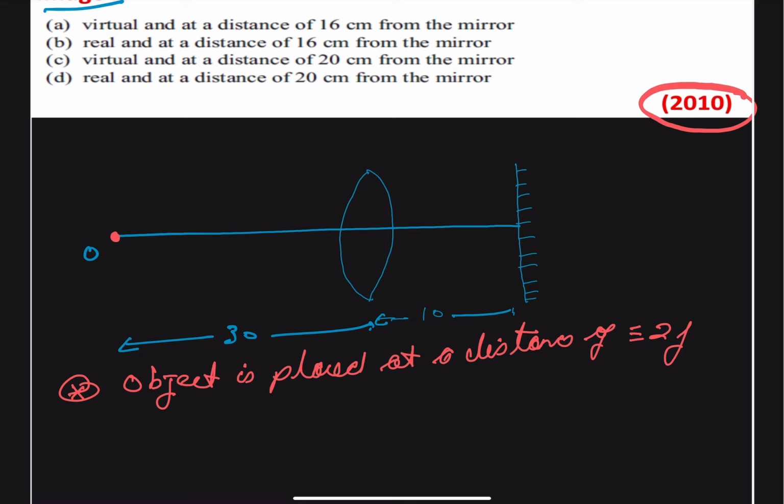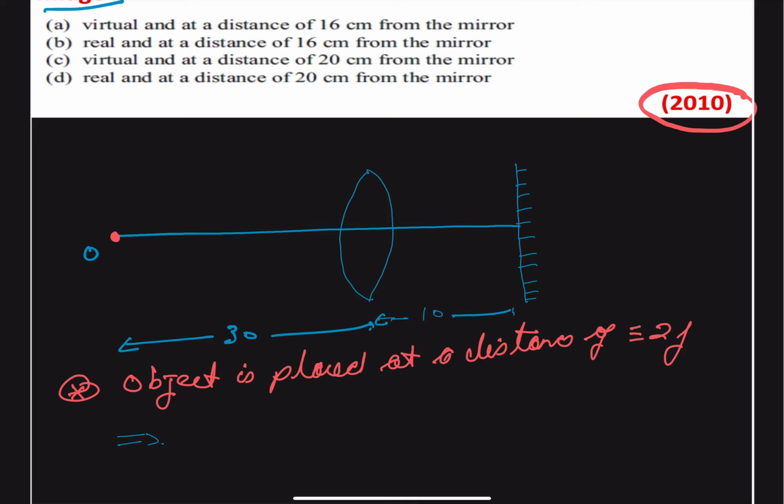So therefore we can say the first image will be formed at a distance of 2f on the other side. It means on the back of the lens, to the right of the lens.